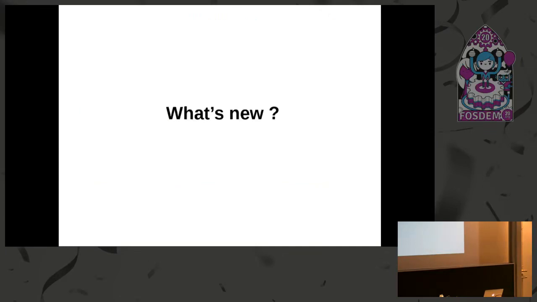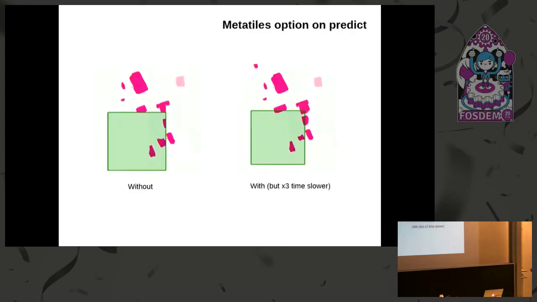So what's new inside? First is the ability to enhance the quality of the prediction despite the fact that we use tiles. It's well known, we use meta tiles to enlarge the focus. Obviously, it will take longer if we choose this option, but the result here is cleaner, okay?